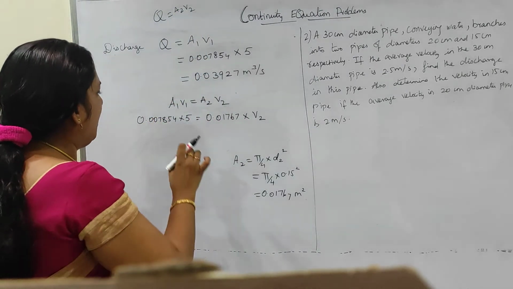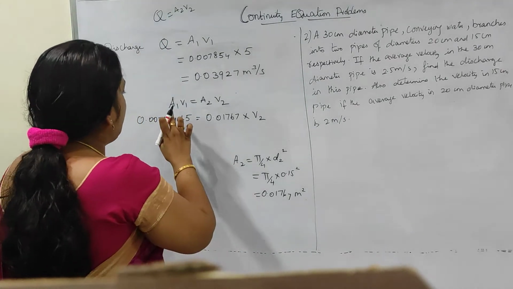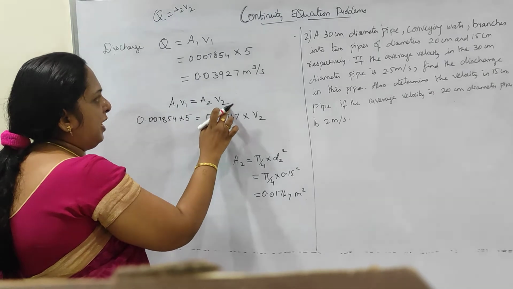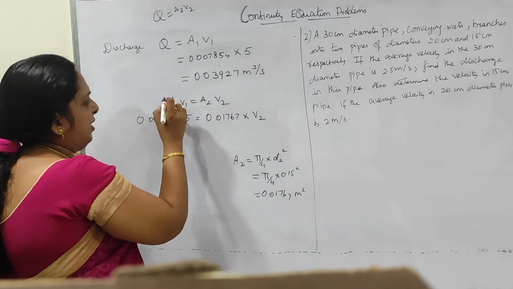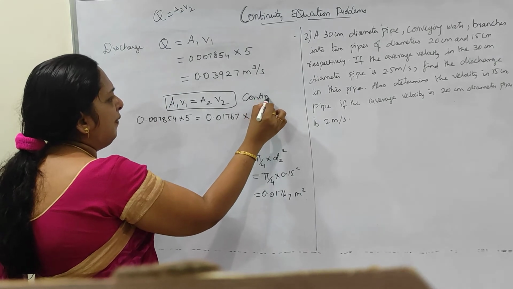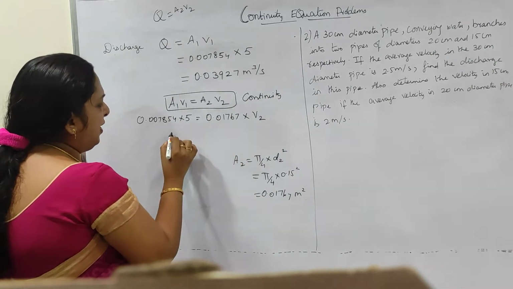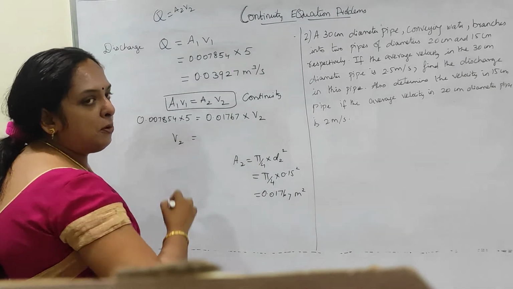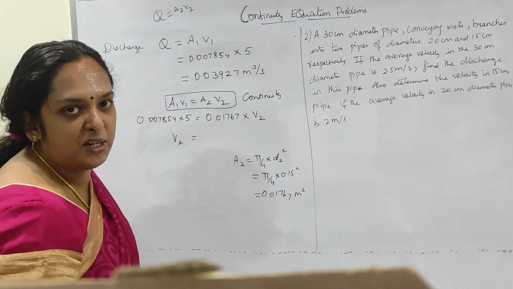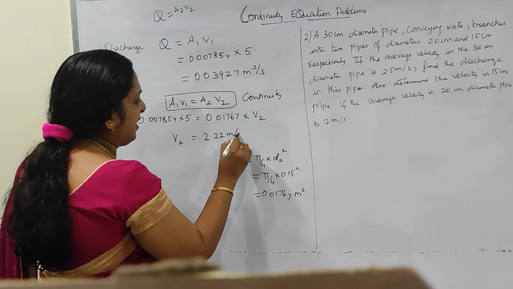So instead we take the known values, from what is given in the problem. We have taken A1 V1 is equal to A2 V2. This is your continuity equation. Based upon it, by mere substitution, you find the velocity at section 2, that is 2.22 meter per second.